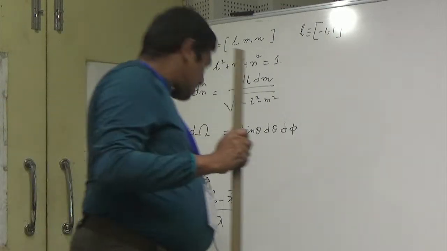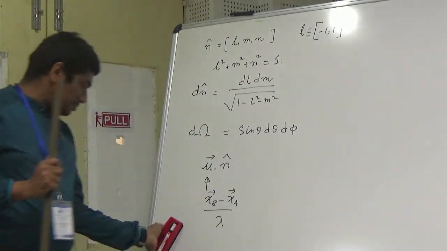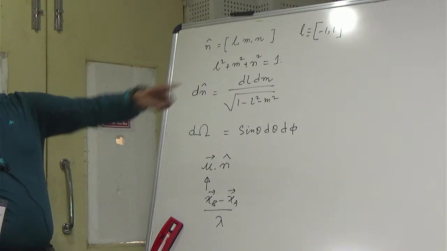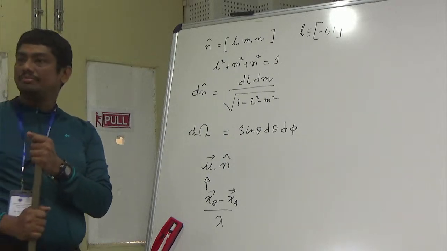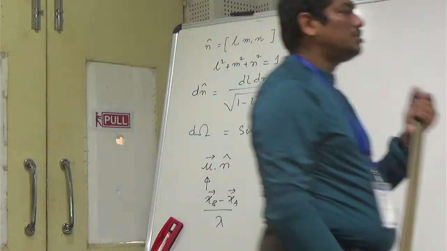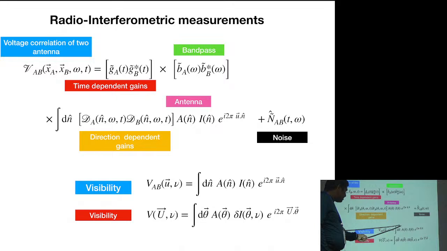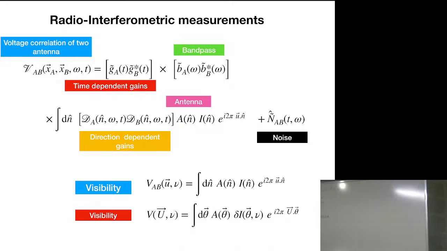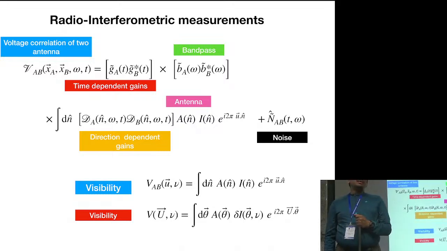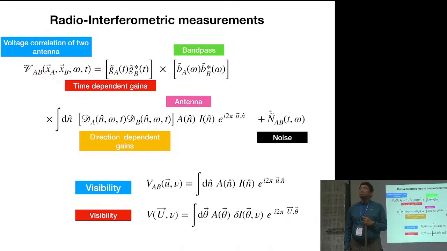So only in certain circumstances. Let's say that A(theta), which is A(n cap), sitting over here, which is the effect of the antenna, has a very small response away from the center of the field of view. Then even though the integral limits are from -1 to +1, I can push them to minus infinity to plus infinity, because after L or M equal to say 0.1, the contribution is 0.